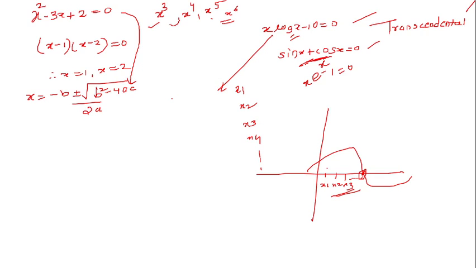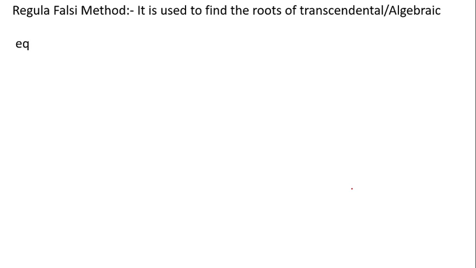Now what is this regula falsi method? In the regula falsi method, this is one formula. After applying this formula, we get the first iteration, second iteration, third iteration, and so on. It is used to find the roots of transcendental or sometimes algebraic equations.